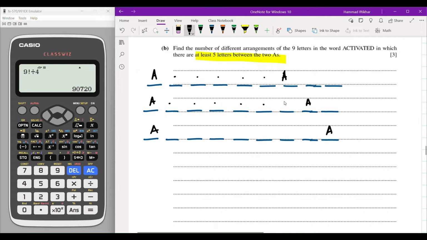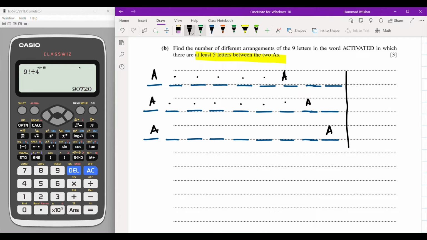So that means 5 letters in between the two A's, 6 letters between the two A's, and then 7 letters between the two A's. Now the 2 A's are already selected from these letters, so we have 7 letters to choose from.